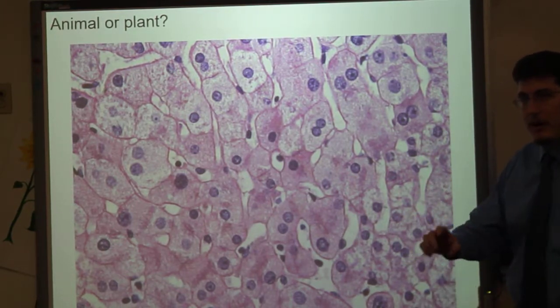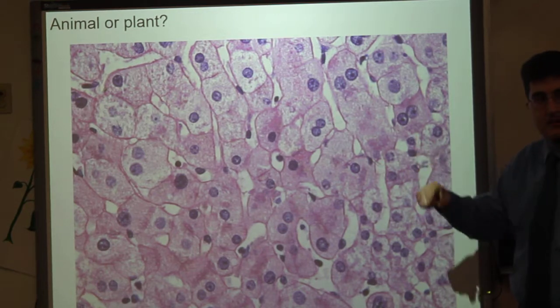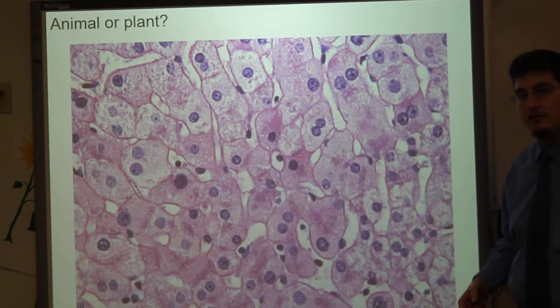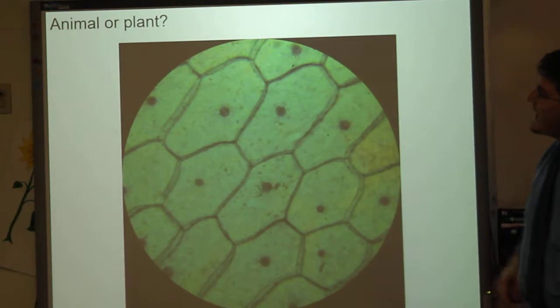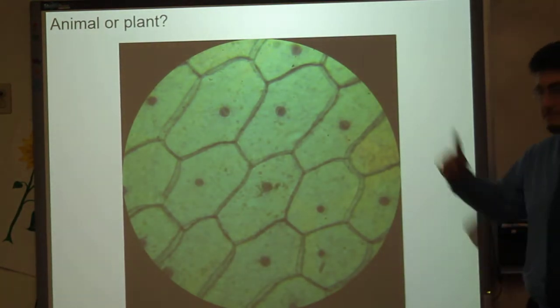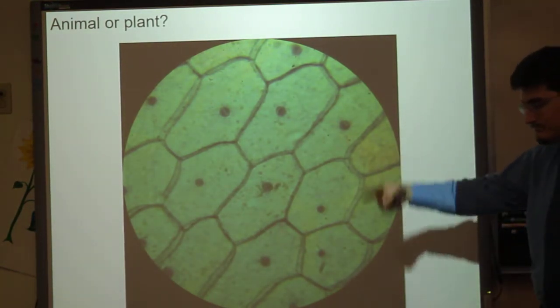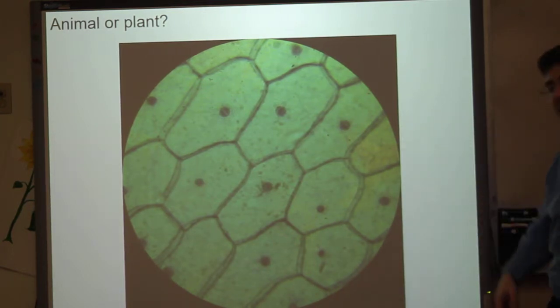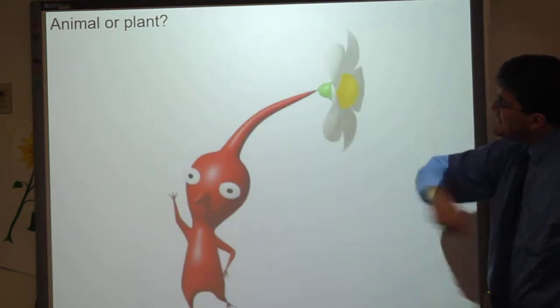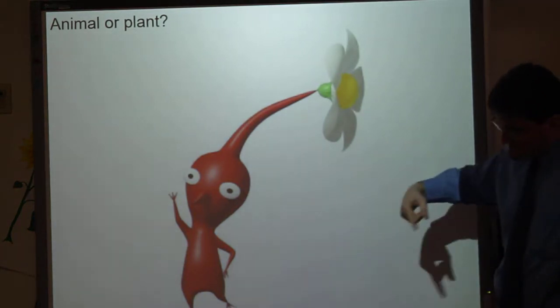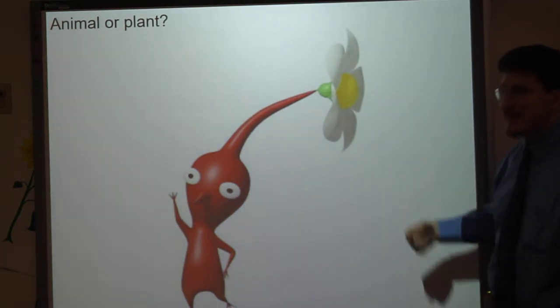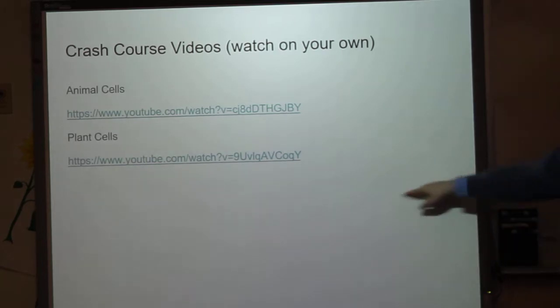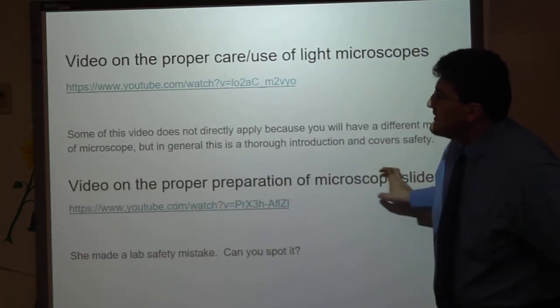If I remember, I'll probably put a little message here that it's an animal cell. Is this an animal or a plant cell? It's a plant cell. Is this an animal or a plant cell? It's fictional. All right. So, let's see.